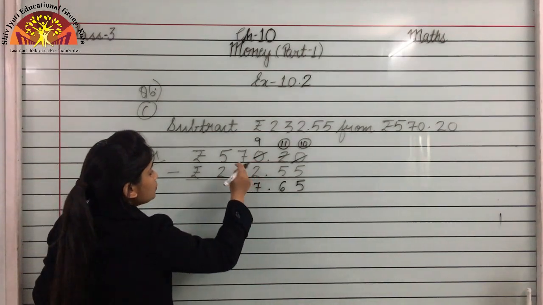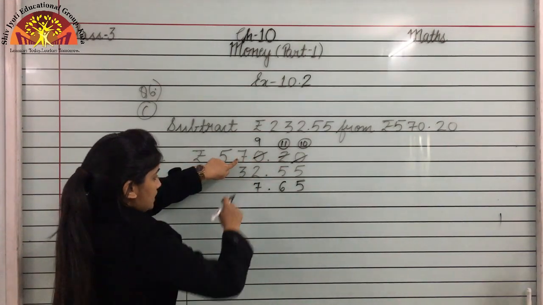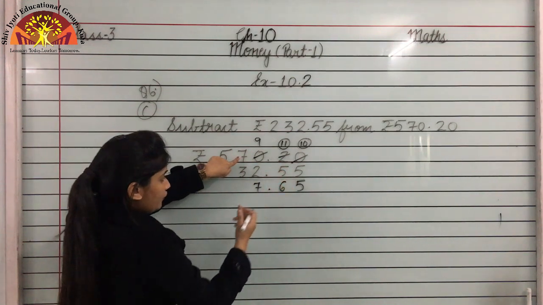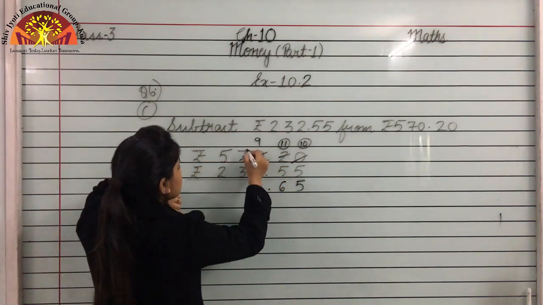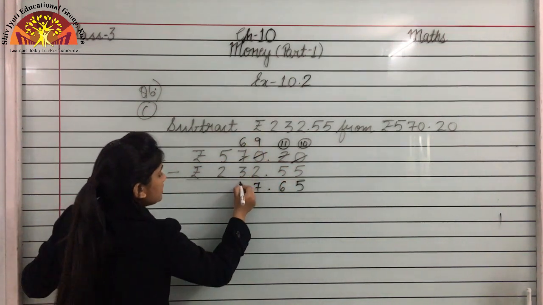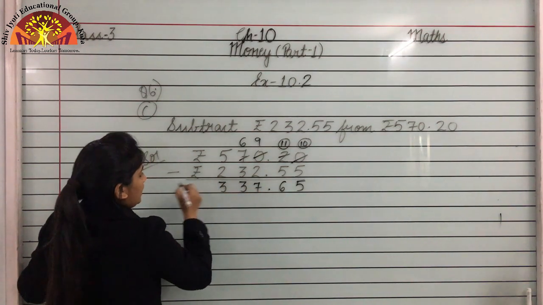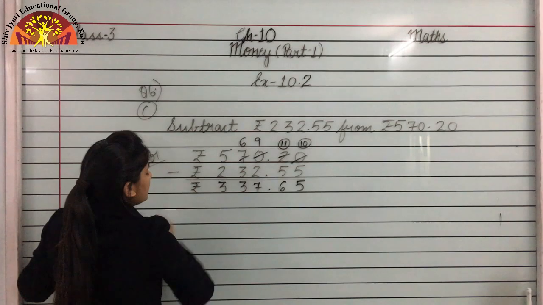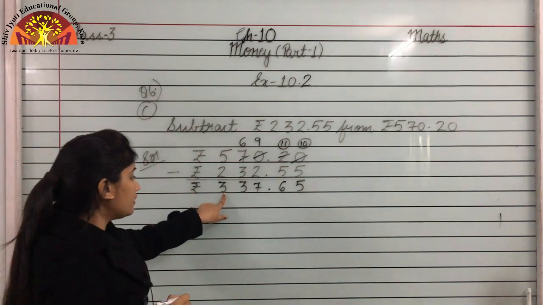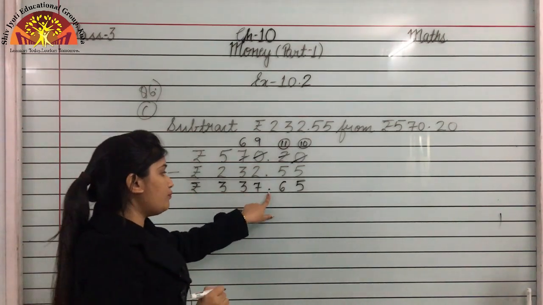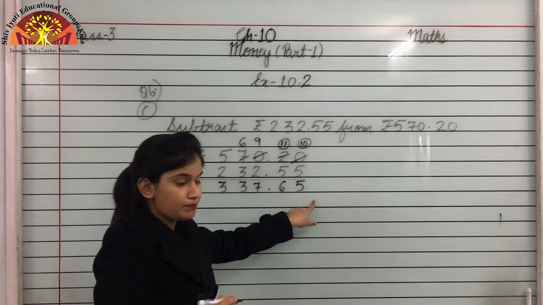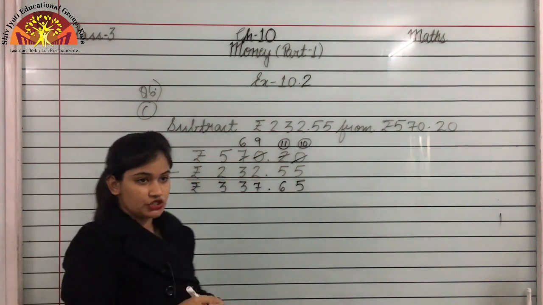Okay, now students, 7, we have taken 1 from 7, so it will be 6, and 6 minus 3 is 3, and 5 minus 2 will be 3. And what is the answer? The final answer is rupees 337.65. Okay, so in this way you can do subtraction also.